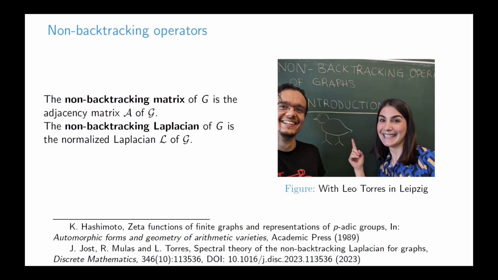And in this definition, as degrees, we take the out degrees of the vertices in the non-backtracking graph. So yeah, we defined this operator, and then together also with Jürgen Jost, we started to study the spectral properties. So now I'm going to give you a summary of this.